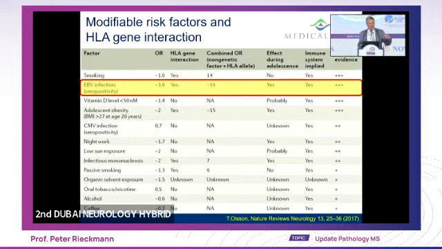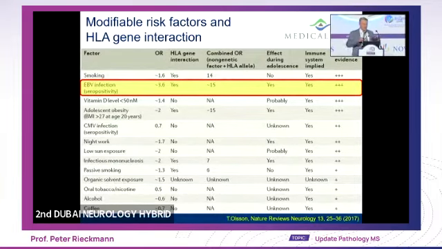We know that there's a certain HLA phenotype which is more prevalent in MS patients than in controls. And we know about some of the potential modifiable exogenous risk factors, as they're listed here, from a very interesting and still up-to-date publication from 2017. Probably the highest association, with an odds ratio of 15, is with Epstein-Barr virus infection.